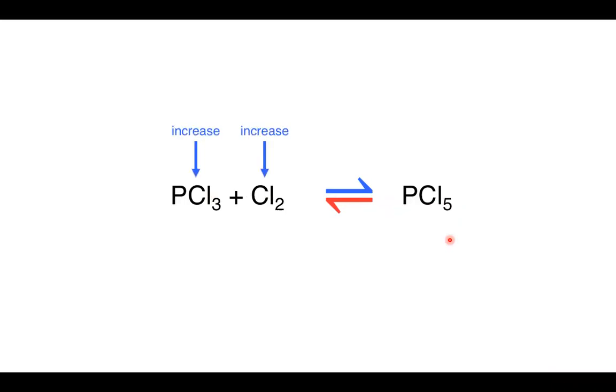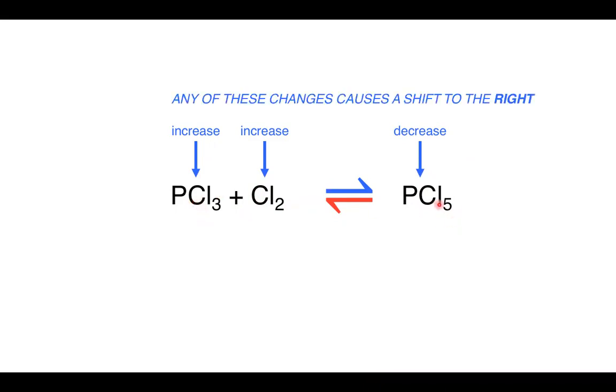Say we want a shift to the right. Then we want to increase the concentration of either of these two reactant species, and these reactants will react to produce more product, PCl5. Or we could decrease the concentration of PCl5, and that would force more reactants to react to form PCl5. So any of these changes causes a shift to the right, towards the products.